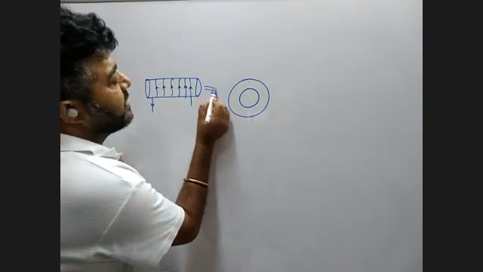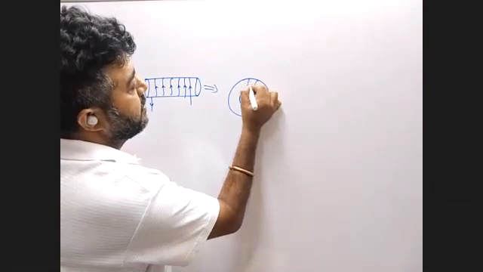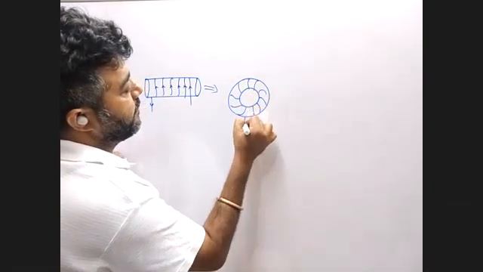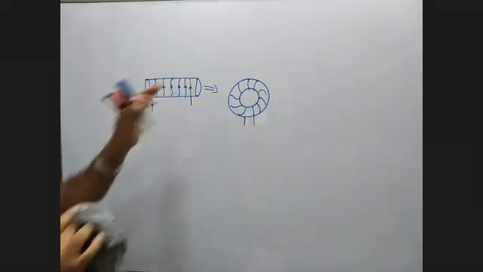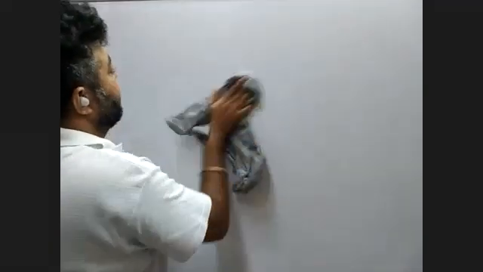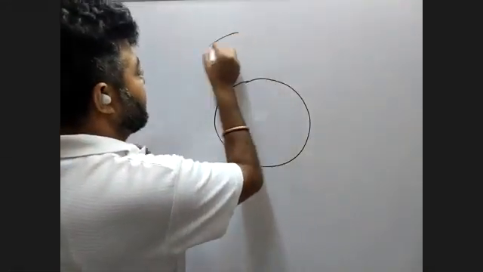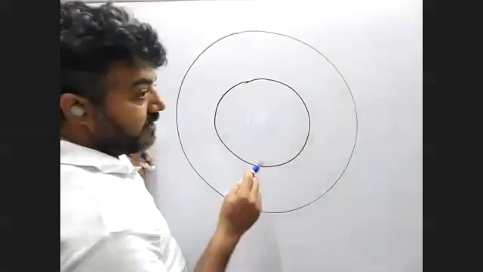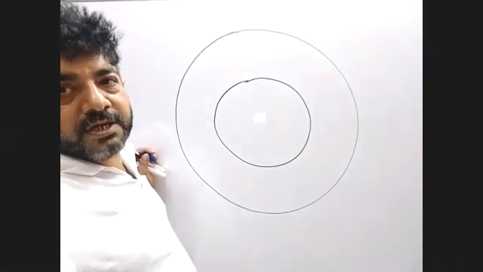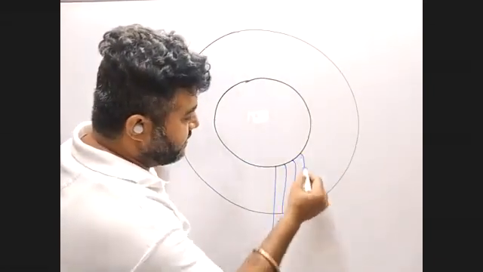So if we make it circular, then this is called a toroid. Let me zoom in and enlarge it to show how it is done. A toroid is a circular solenoid. The wire is winding like this.